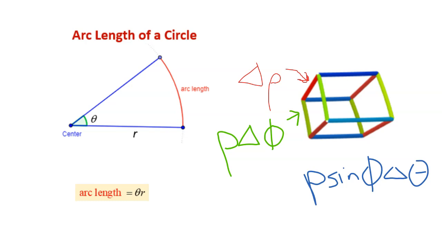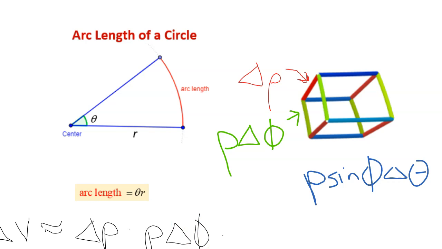So the volume of this little differential, delta volume, if you will, is approximately equal to, and it will become this as we take a limit, delta rho, delta phi, and rho sine phi delta theta.